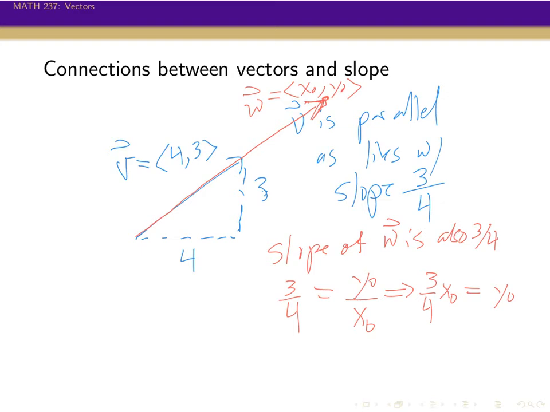So we can think about w as x naught, y naught, which means x naught and 3/4 of x naught.